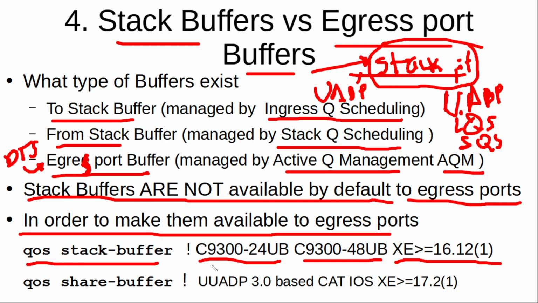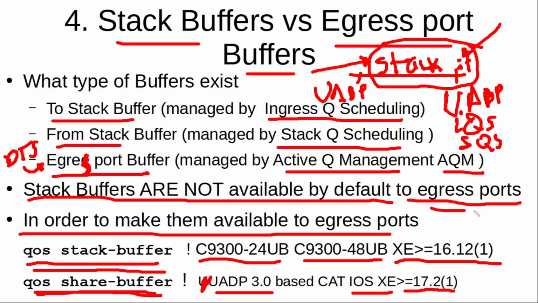Or if your switches have a UADP 3.0 and you have an IOS XE that is equal or larger than 17.2.1, you can use this command. So QoS stack buffer for 9300s, and for UADP 3 based Catalyst, QoS share buffer. So you can make use of buffers here from your stack for your egress ports. That's it.